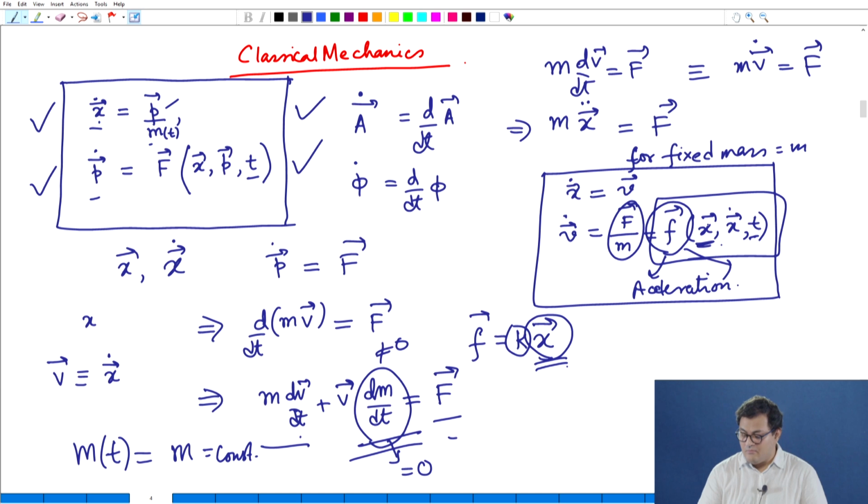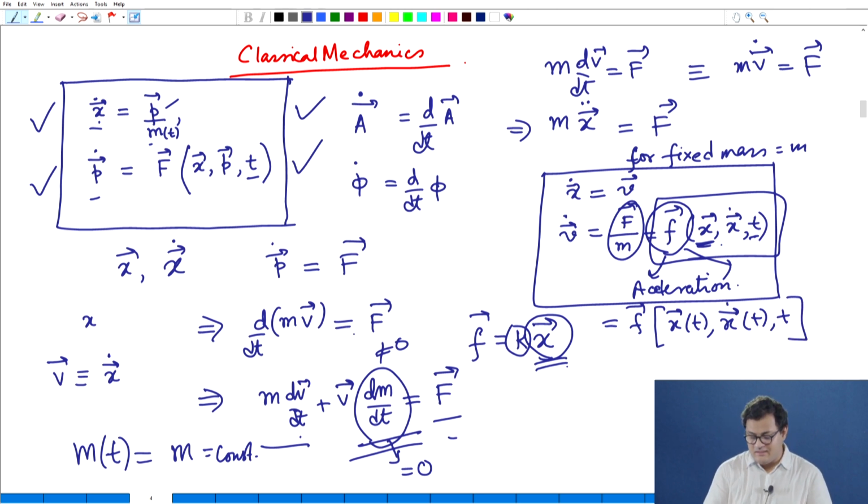Of course, the mathematically correct way of writing is x of t, x dot of t and t. Here, for the sake of simplicity, whenever we said the mass is a function of t, we assumed that we somehow know the explicit functional form of m in terms of t. If this is not the case, then we have to write another evolution equation for mass, and we are not getting into that complexity.